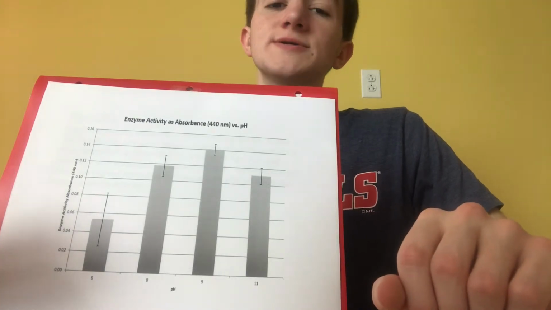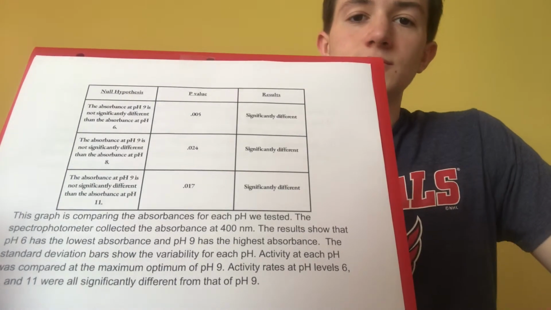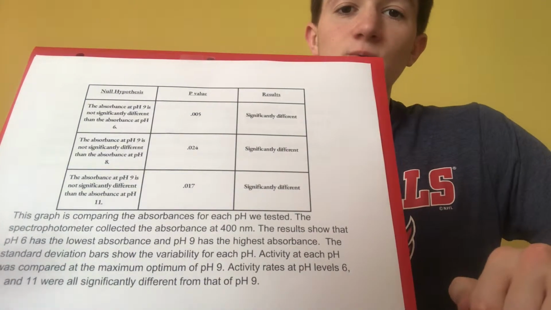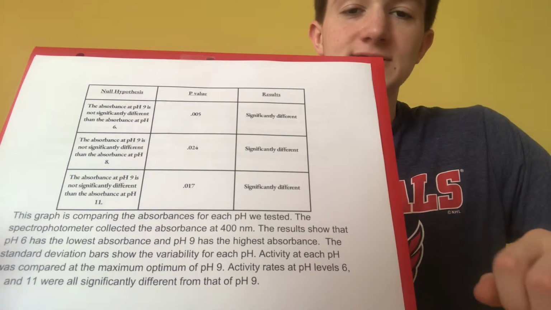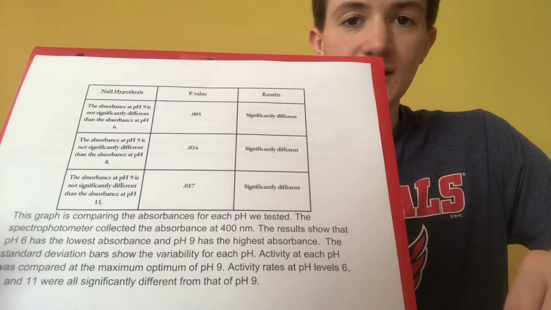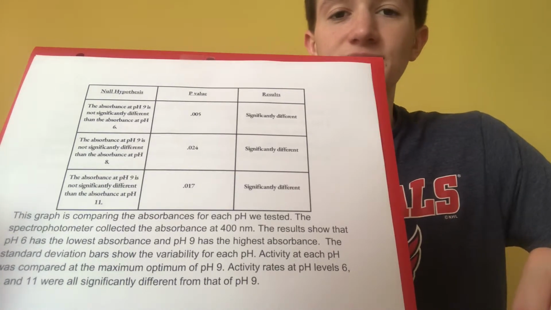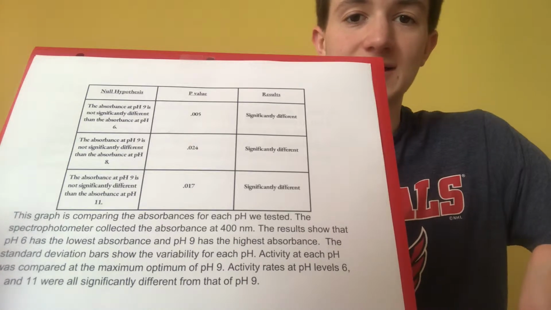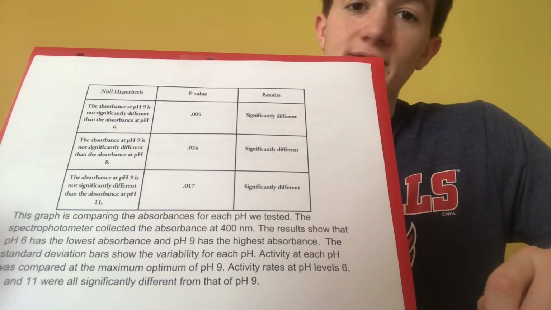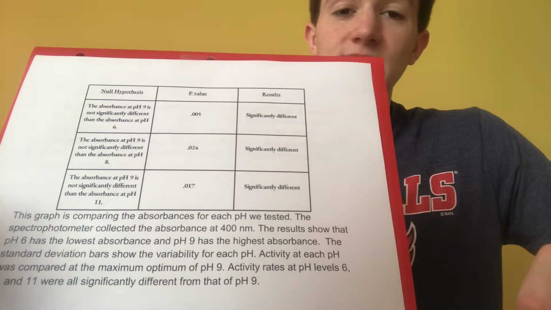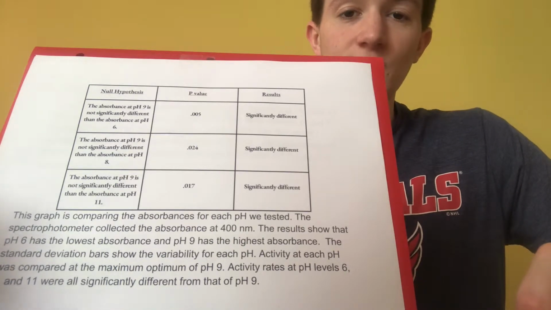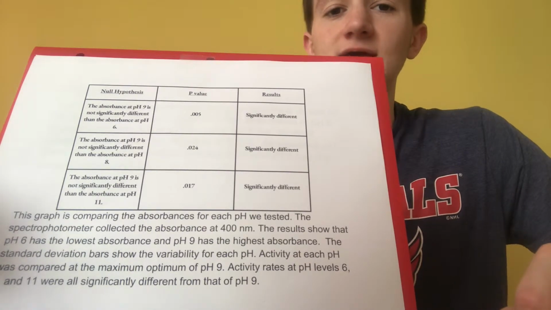This is our t-test results, and we hypothesized that pH 6, pH 8, and pH 11 would not be significantly different than the absorbance of pH 9. But as you can see, we found that the results for pH 6, 8, and 11 were significantly different than pH 9.